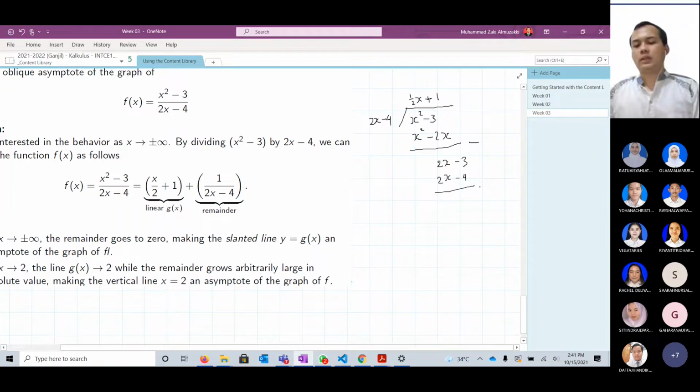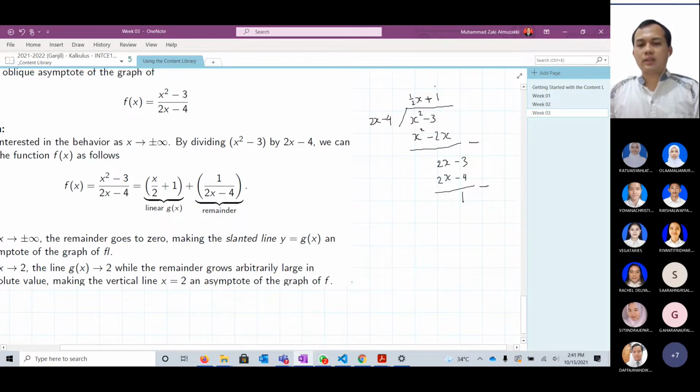And if we subtract them, we get 1. Jadi 2x-nya kita bagi lagi dengan 2x min 4, kita ambil 2x-nya aja ya. 2x bagi 2x adalah 1. Kemudian 1 kali 2x min 4 kita punya 2x min 4. Sehingga 2x min 3 kurangi 2x min 4 adalah 1.